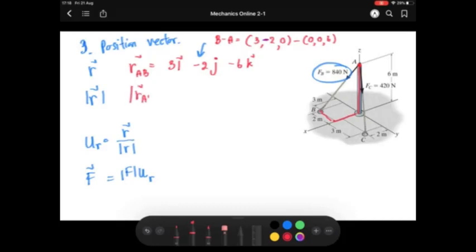The magnitude of this vector can be found with this equation: the square root of each term squared.